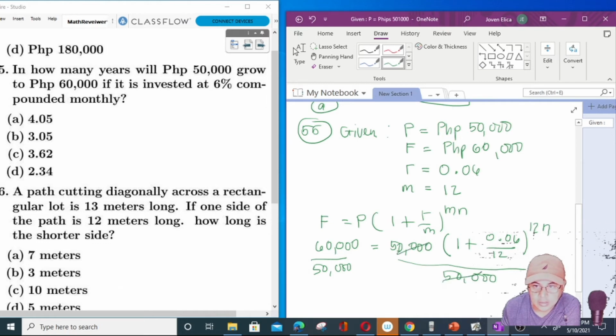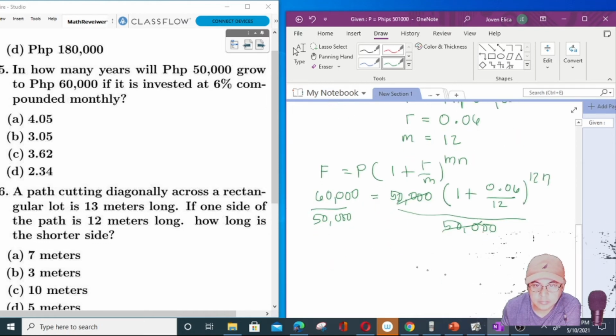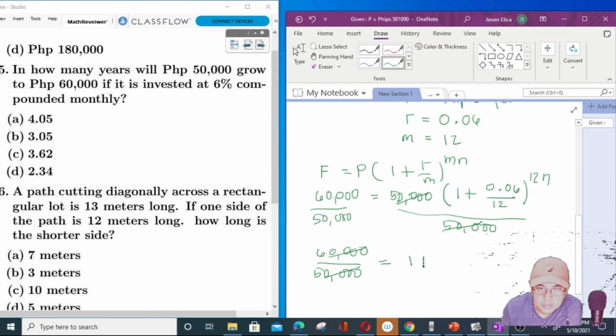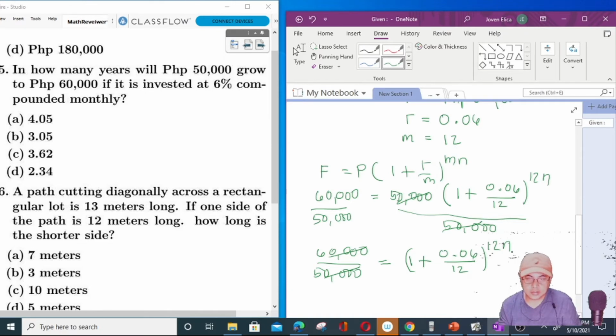It will become 60,000 divided by 50,000 is equal to, we can cancel the zeros here, 1 plus 0.06 divided by 12, raised to 12n.